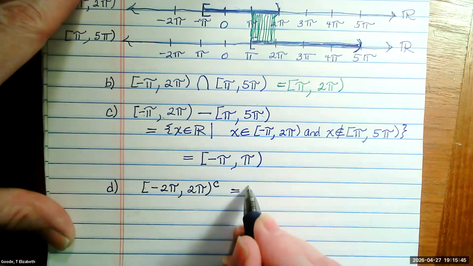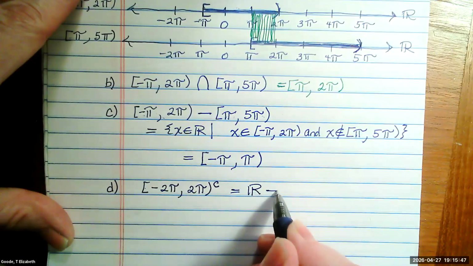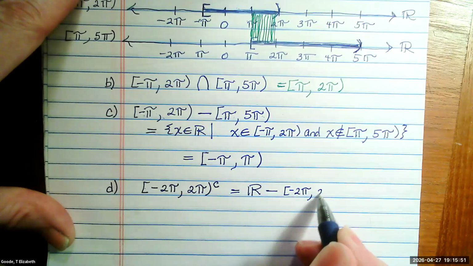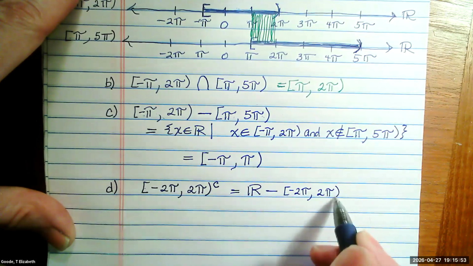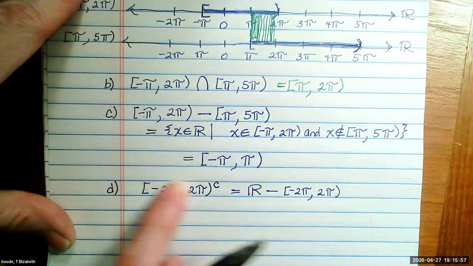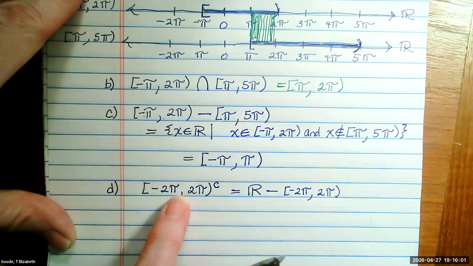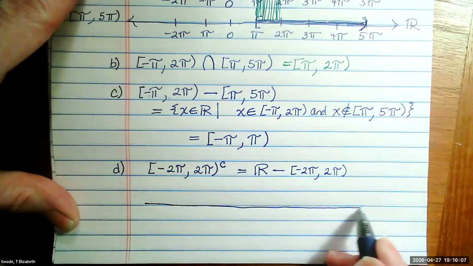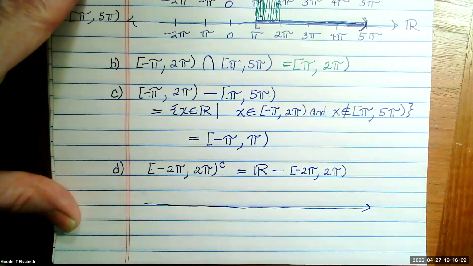Remember, this is the reals minus this set, negative 2 pi to 2 pi. The complement is everything that's outside of this set. So it's all the reals that are left after we subtract this set. Does that make sense?